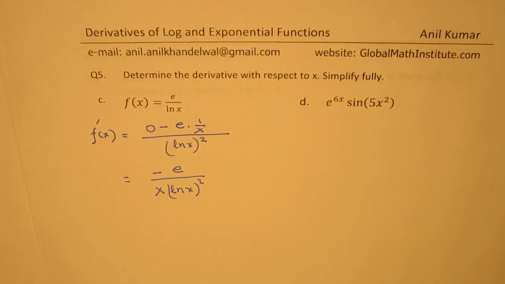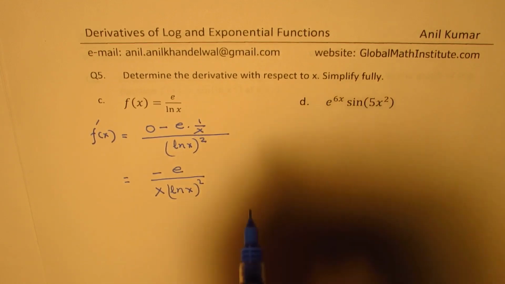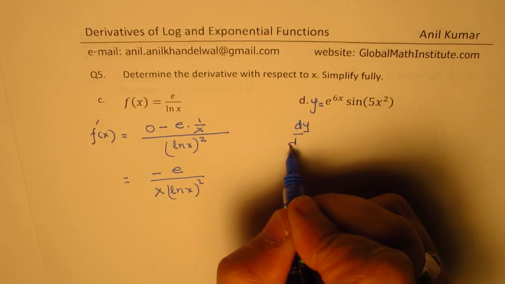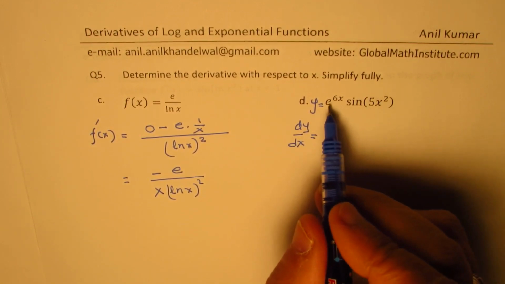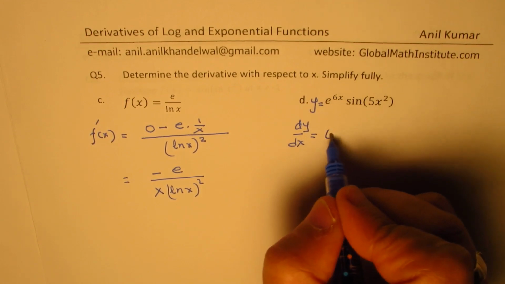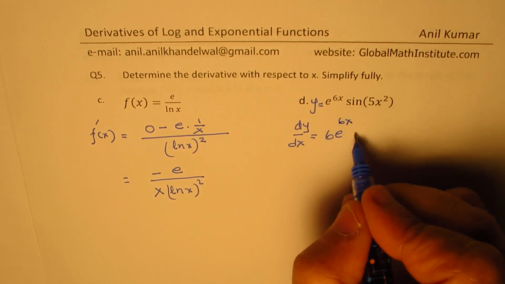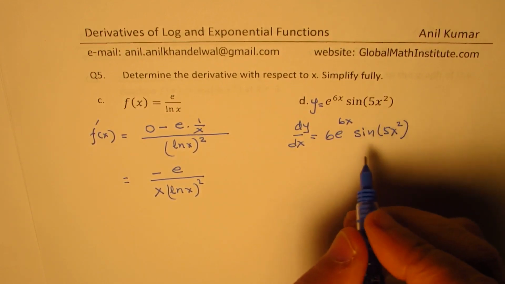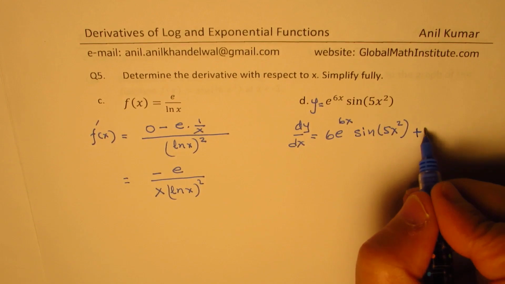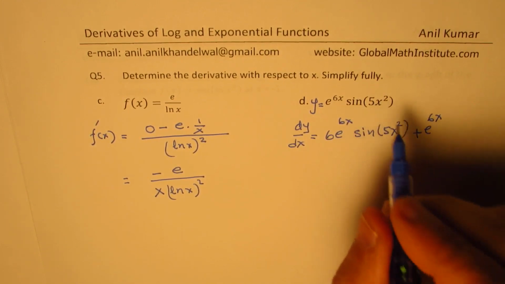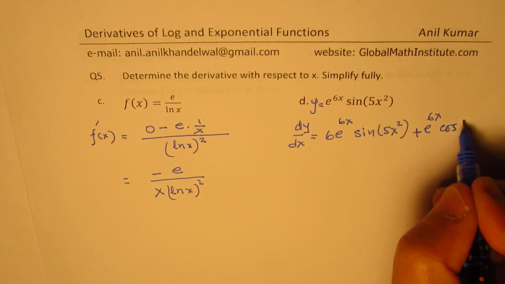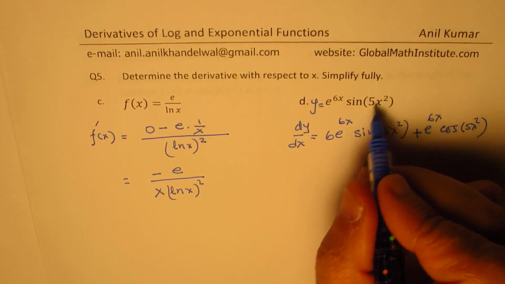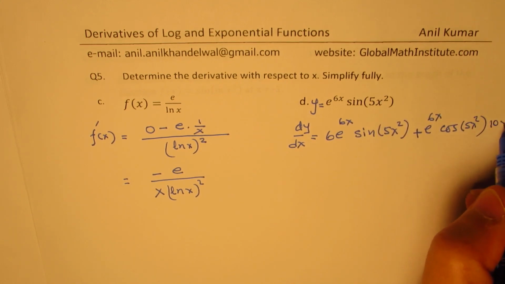Either way. The next one here, we can apply the product rule. So let me write y equals, okay. So we get dy/dx equals the derivative of e to the power of 6x, which is 6 e to the power of 6x, times sine 5x squared, plus e to the power of 6x, the derivative of sine 5x squared is cos 5x squared times the derivative of 5x squared, which is 10x.